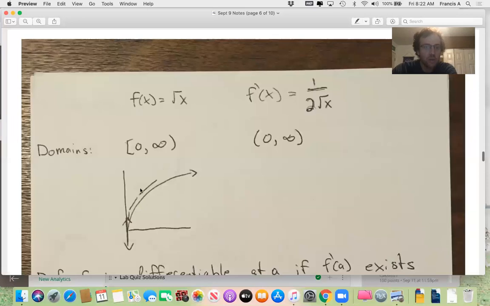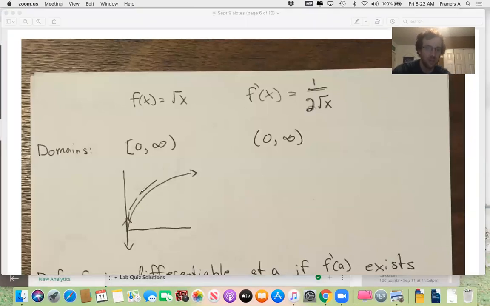If you start drawing these tangent lines, and I can do a few in here, imagine they're actually on the graph, but I moved them up for clarity. So if you keep drawing them closer and closer to 0, they keep getting steeper.